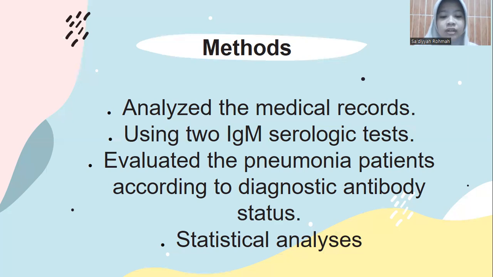IgM, or immunoglobulin M, is the first antibody secreted by the adaptive immune system in response to a foreign antigen. Third, evaluate the pneumonia patient according to diagnostic antibody status.